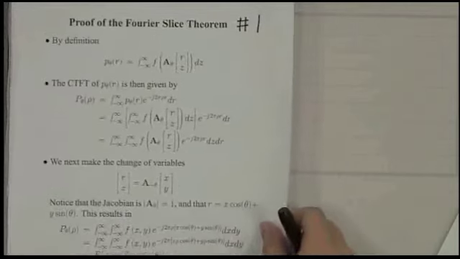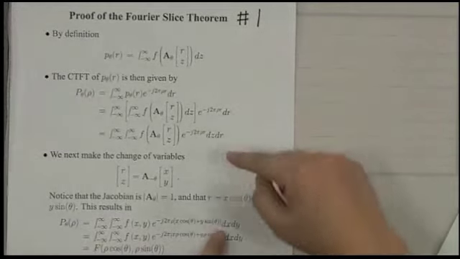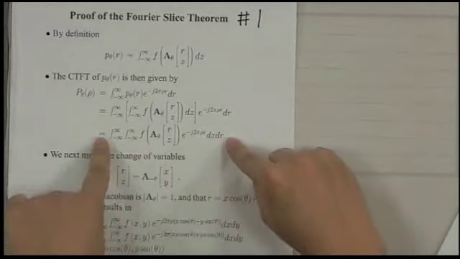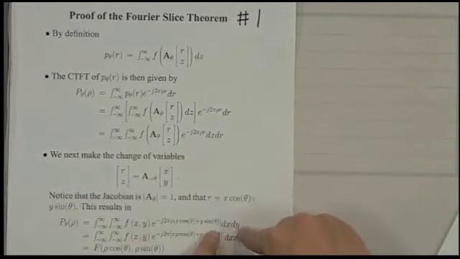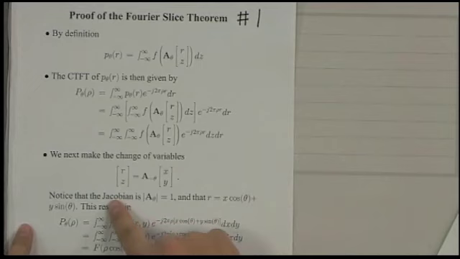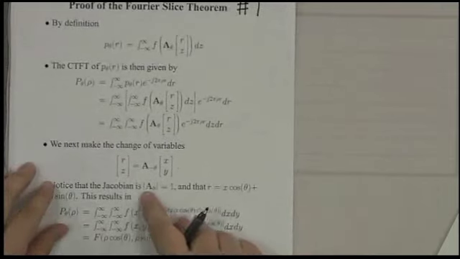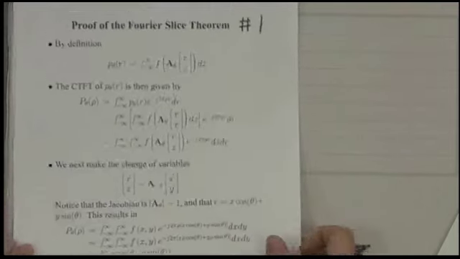And actually, to change the variable from ZR to XY, we need to calculate the Jacobian here. And actually, A theta is just a 2 by 2 matrix, so it's relatively easy to calculate this. But just in case, let's calculate. The Jacobian equals 1.